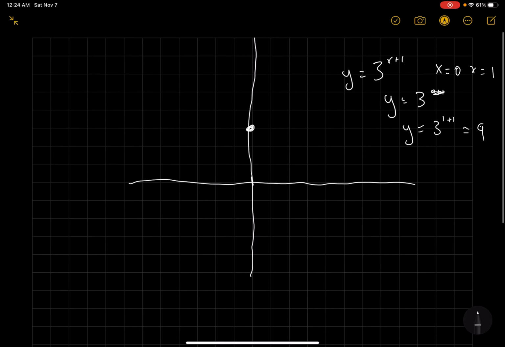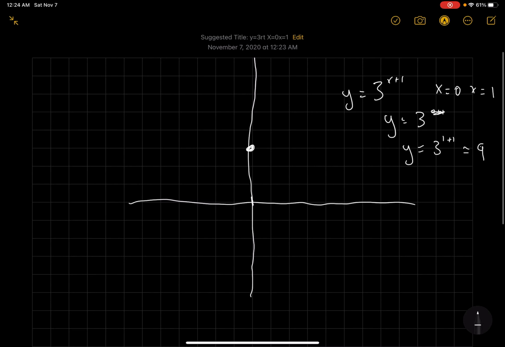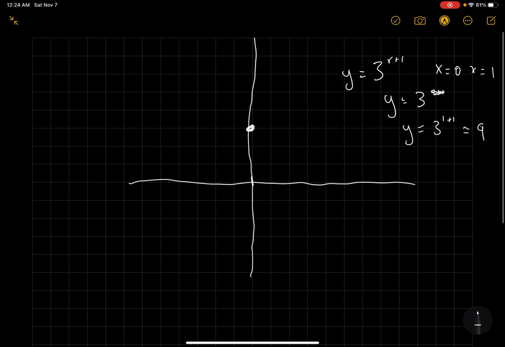So 1, 2, 3, 4, 5, 6, 7, 8, and then it goes a little bit above here. It goes to 9, and almost 9. Oh. Okay, let's redraw this line.